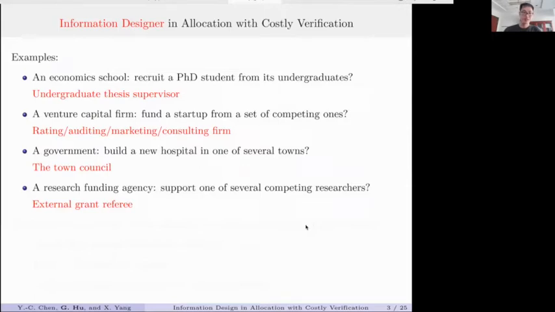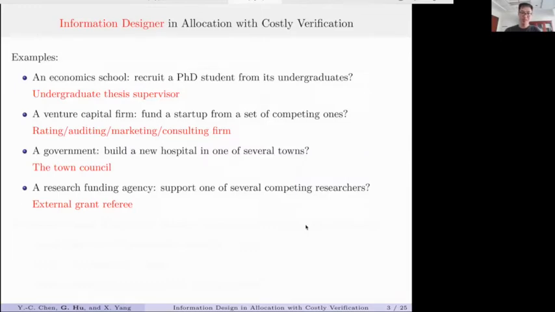For the venture capital firm allocation problem, both the venture capital firm and the startup may rely on the information that is disclosed by a rating firm, a consulting firm, an auditing firm, etc. In the disaster allocation problem, both the government and the citizens in towns may rely on the town council to get information about the value of that allocation.